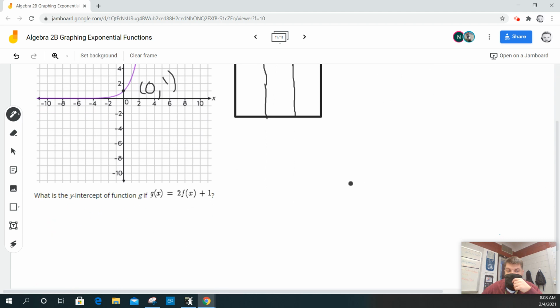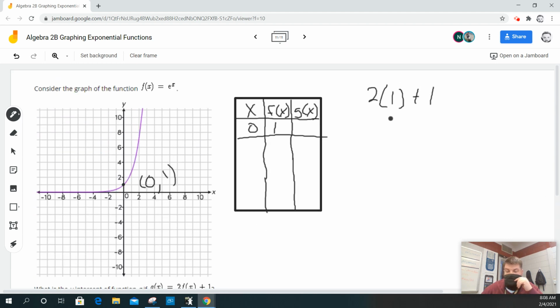Because that's what it said down here, 2 times f of x plus 1. So 2 times 1 is 2, plus 1 is 3. So that means that my g of x is going to have a y-intercept at 3.